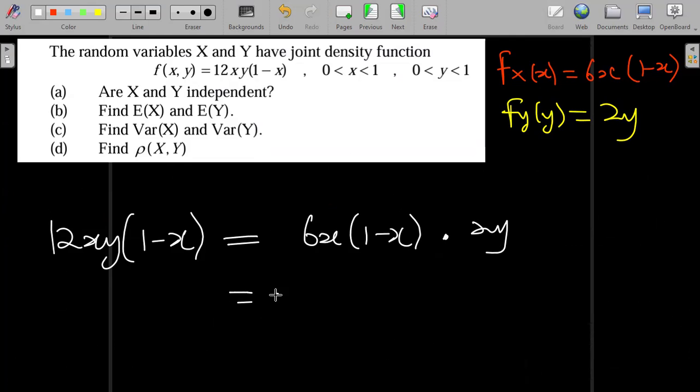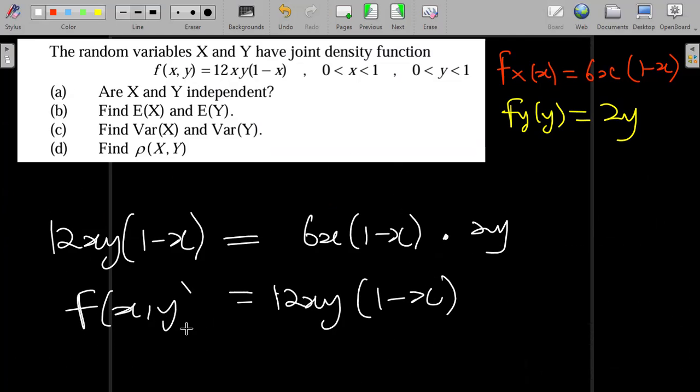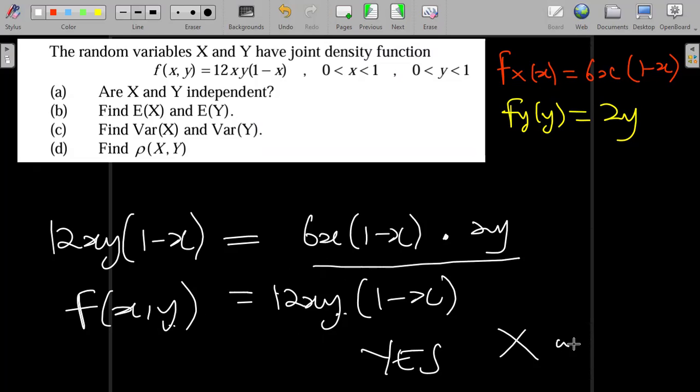We see that yes, they are equal. So the joint is the product of the marginals. Since this equals this, we say yes, X and Y are independent.